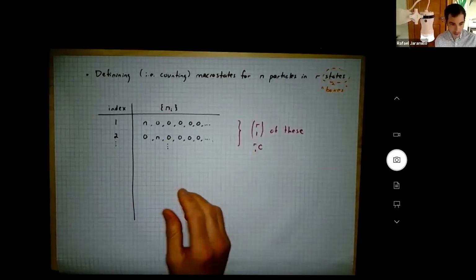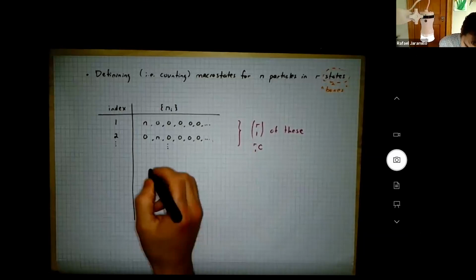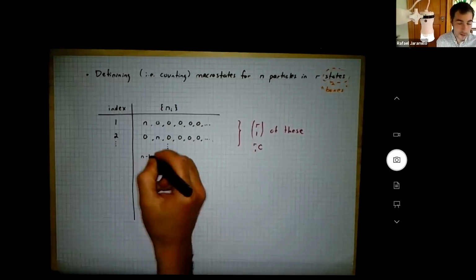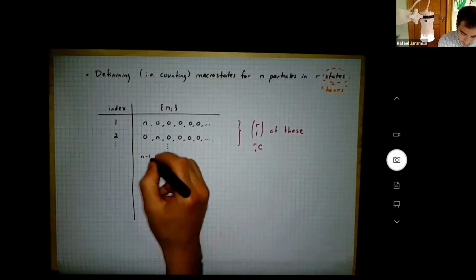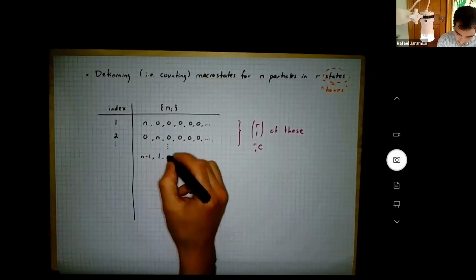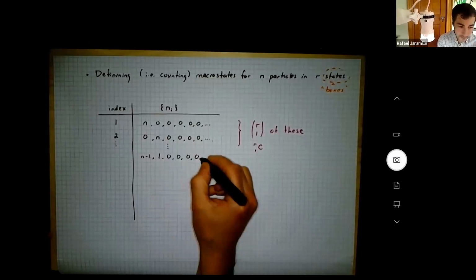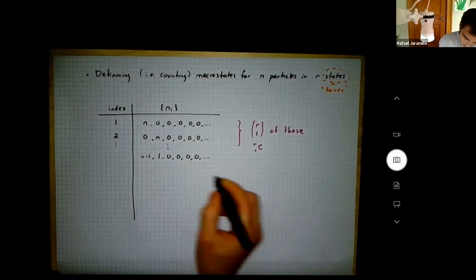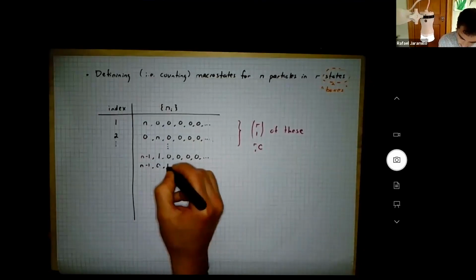Okay. Next. What about states where you have n minus 1 particles in a box and 1 particle in another box, and the other boxes are, of course, empty? There's going to be a bunch of ways you can do this.